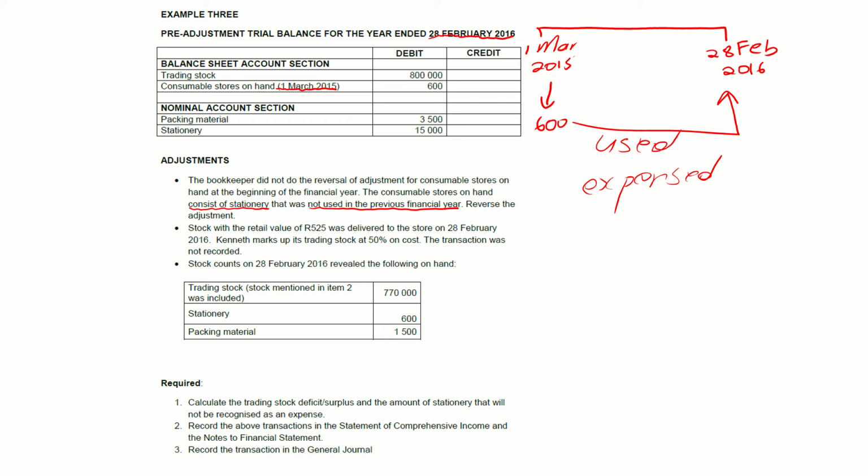It must be added to our stationery expense. Basically, to this 15,000 here, we are going to add the 600. The 15,000 relates to the net purchases of stationery in the current year. Now what we need to do first is to make sure that we add the consumable stores that was there at the beginning of the year to the 15,000 rand.